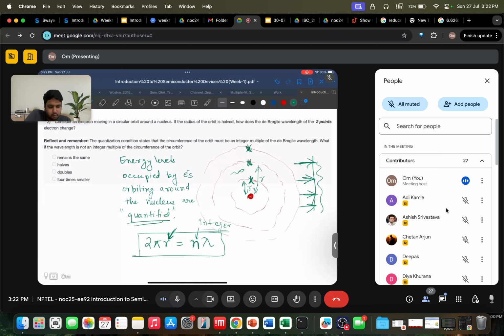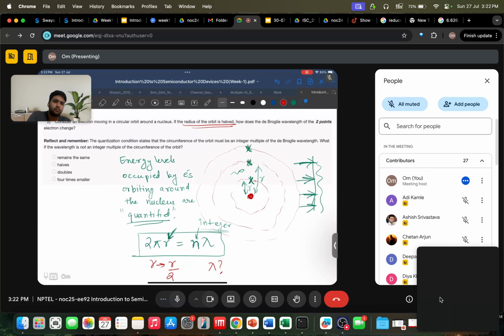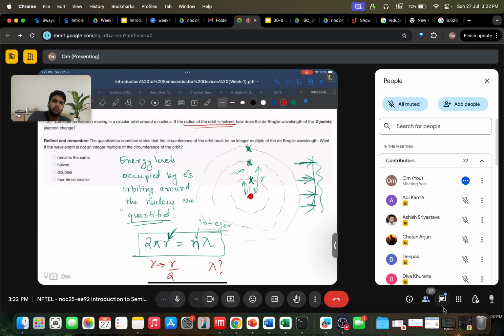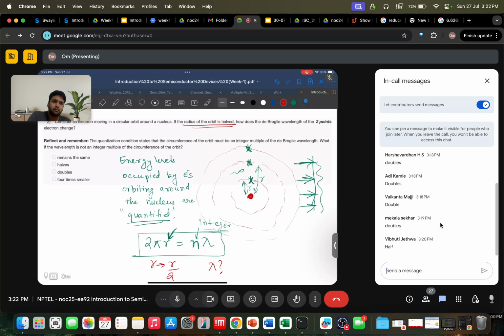Now the question says the radius is halved. If r changes to r/2, what will happen to λ? It will halve, right?